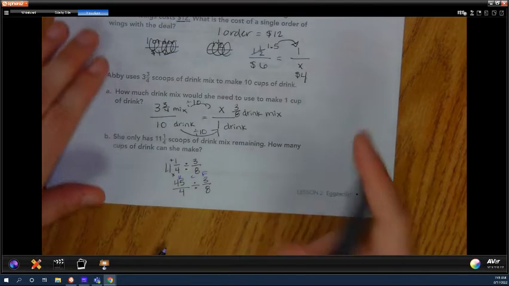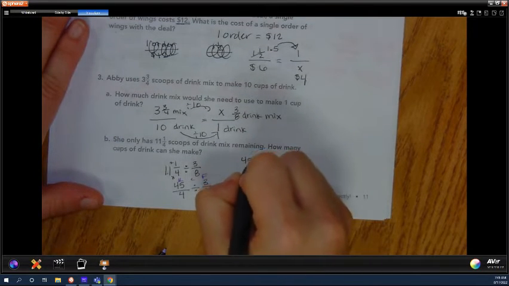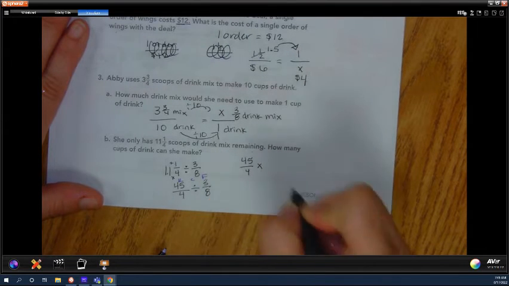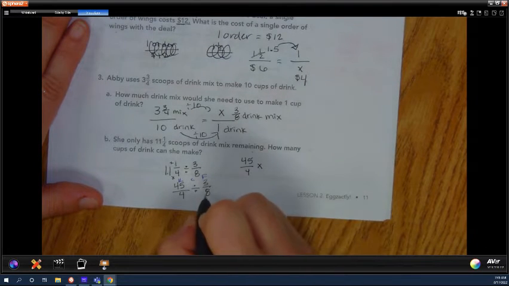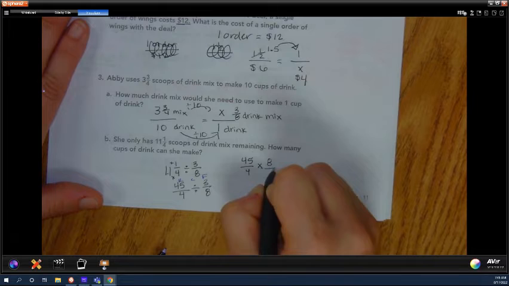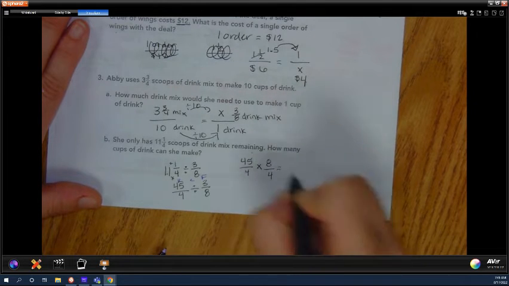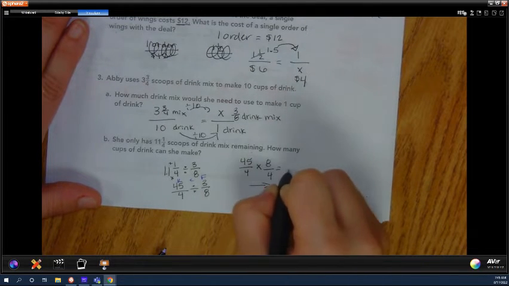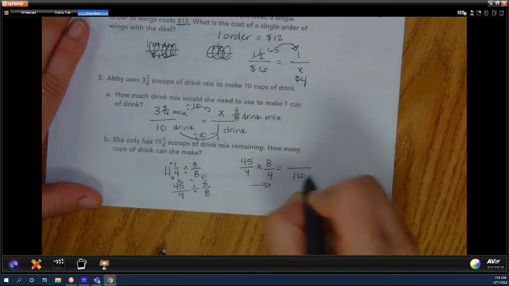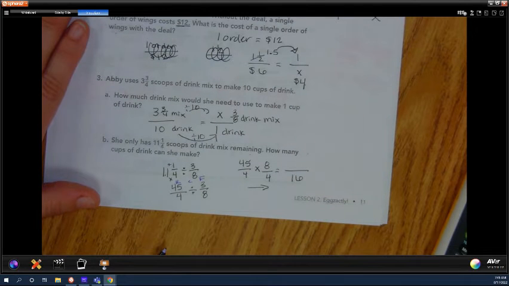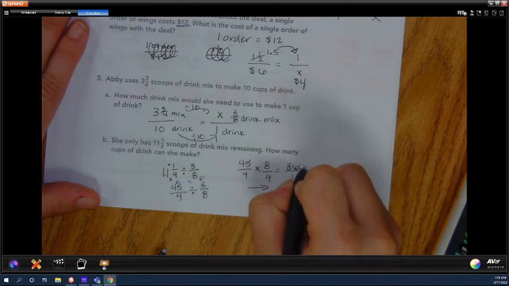So I'm going to keep the first term, 45 over 4, change division to multiplication, and then flip, so I have 8 over 3. And then how do we multiply fractions? We multiply them straight across. Well, 4 times 4 is 16. I'm going to go ahead and tell you that 45 times 8 is 360.